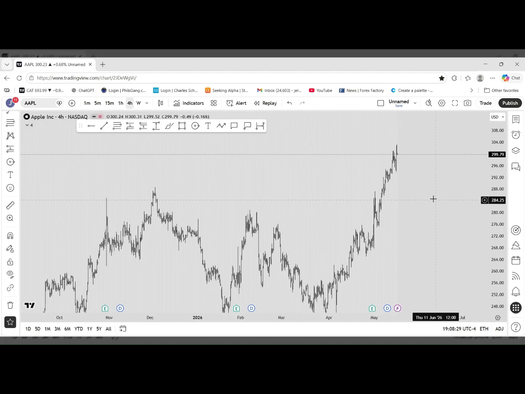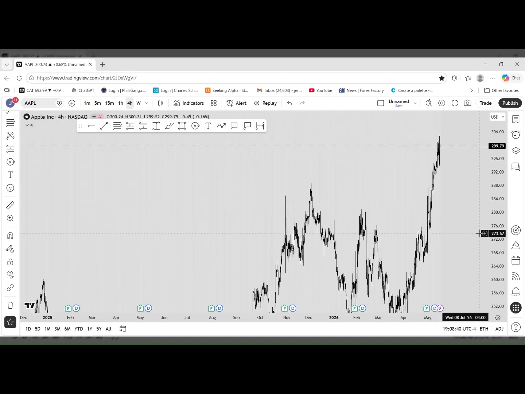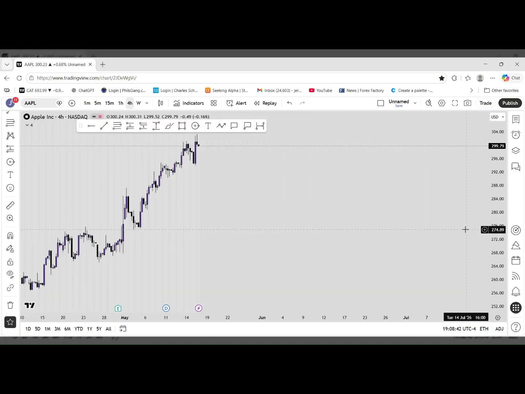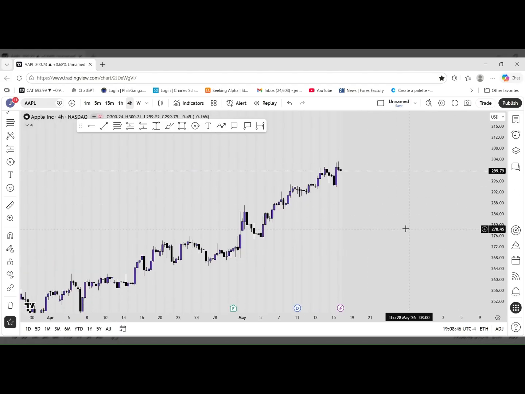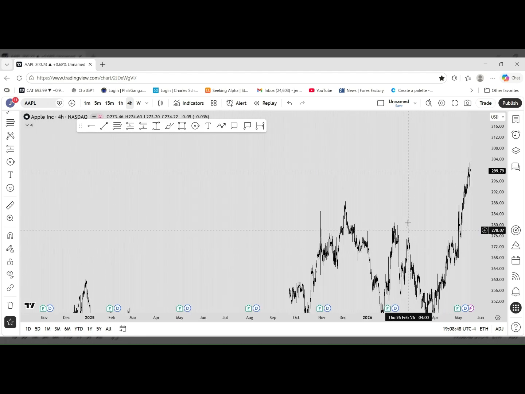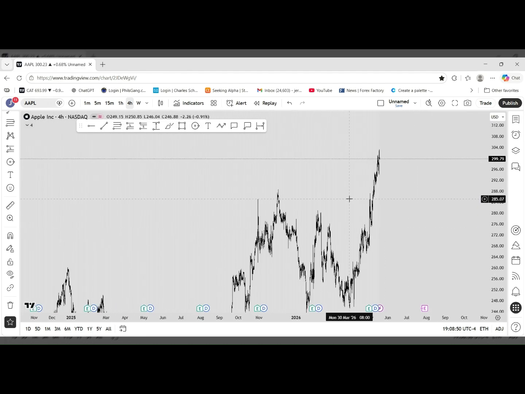What I'm doing here is I'm on the 4 hour candles, the 4 hour chart, as they say. Normally this chart would look like this, where you can see all these individual candles. But to begin with, I want to see what's the overall trend recently.